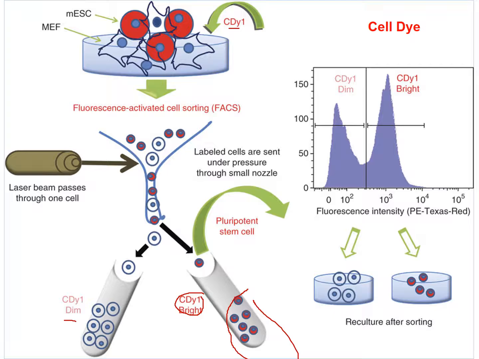If you looked at the nature, then you could figure out the amount of cells that were dim versus the amount that were bright. And so you can get a percentage of cells from your original culture here. And then these, of course, can be recultured after you sort them, okay? After you sort them for further testing.